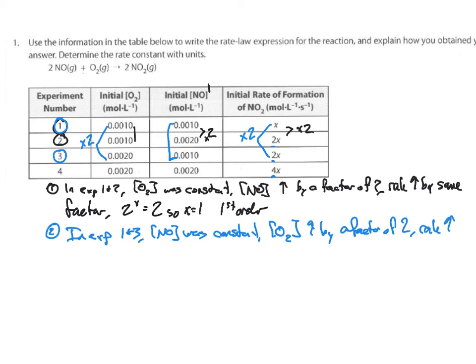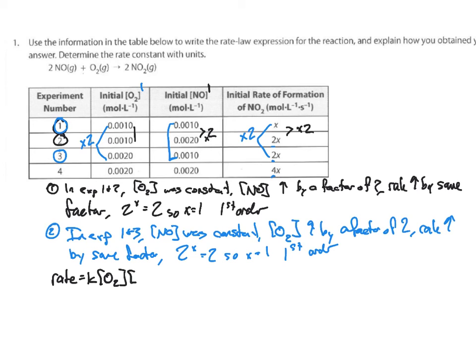Rate increased by same factor. 2^x equals 2, so x equals 1, first order. Okay, so what is my overall rate law? Well, it is rate equals k, O2, and NO, both raised to a 1. This is second order overall.